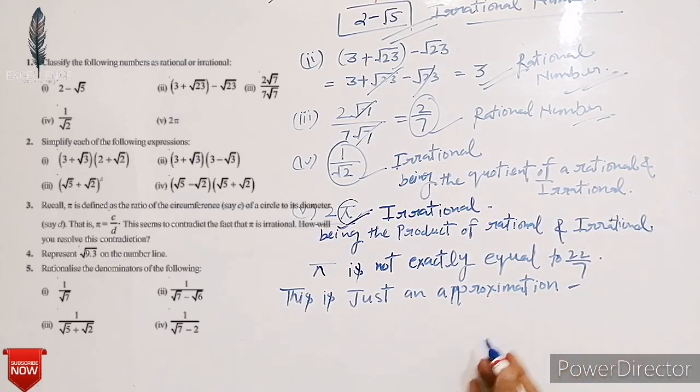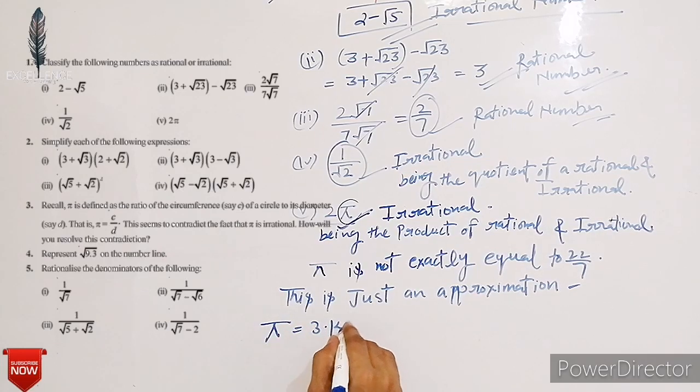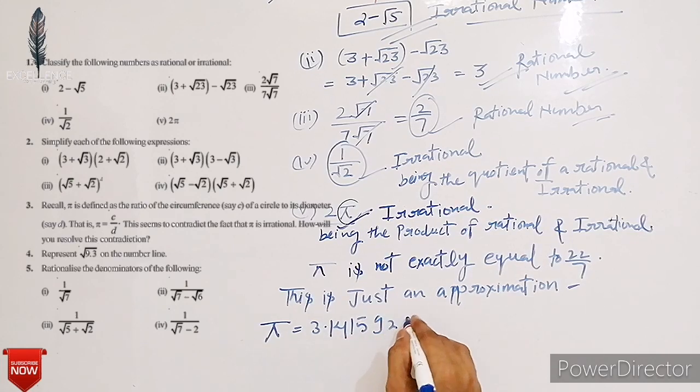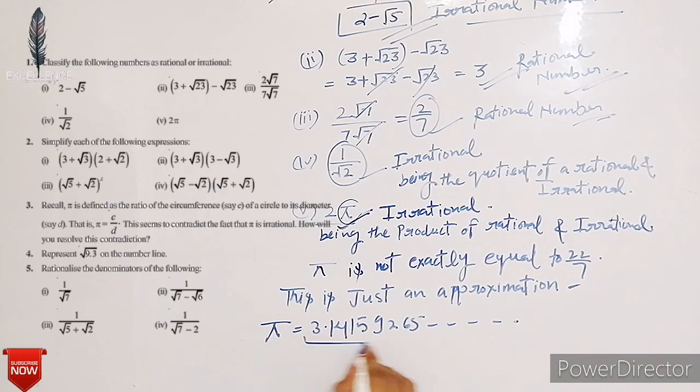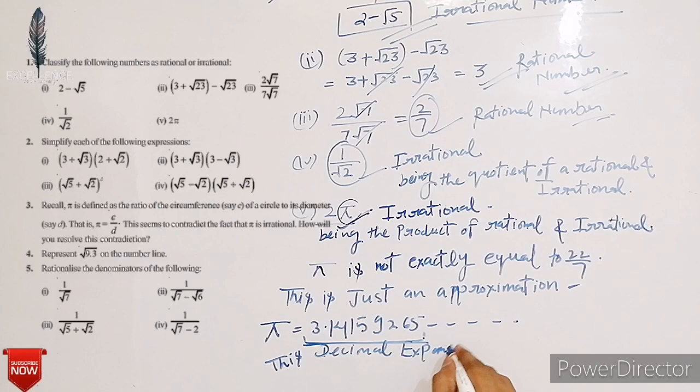Okay, pi is equal to 3.14159265 and so on.